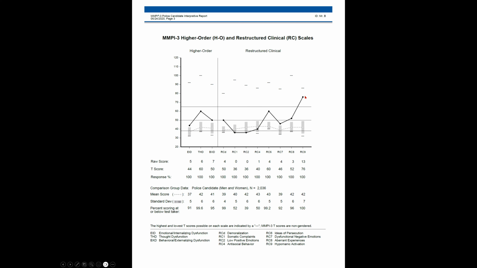And maybe here's the answer: a clinically elevated and very substantially so T-score of 76 on RC9. Very uncommon, obviously. None of the 2,036 individuals in the police candidate comparison group score higher than this on RC9.